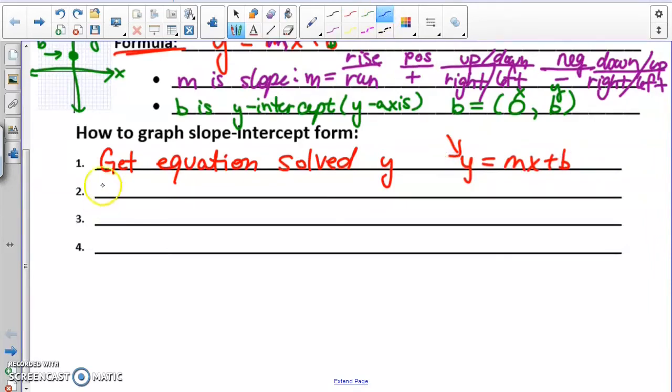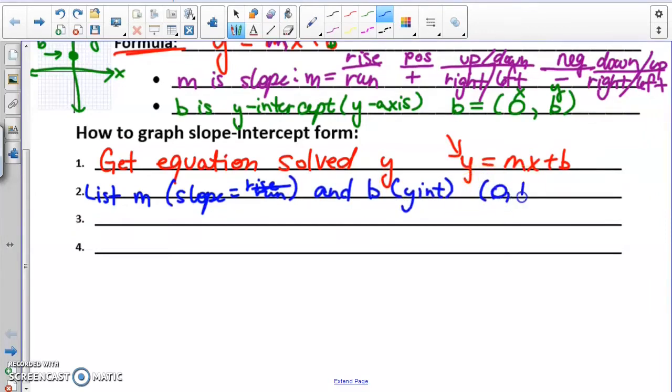Step 2, we're going to list m, which is our slope, which is rise over run, and b, which is our y-intercept. We always write it like an ordered pair, 0, and then whatever b is.